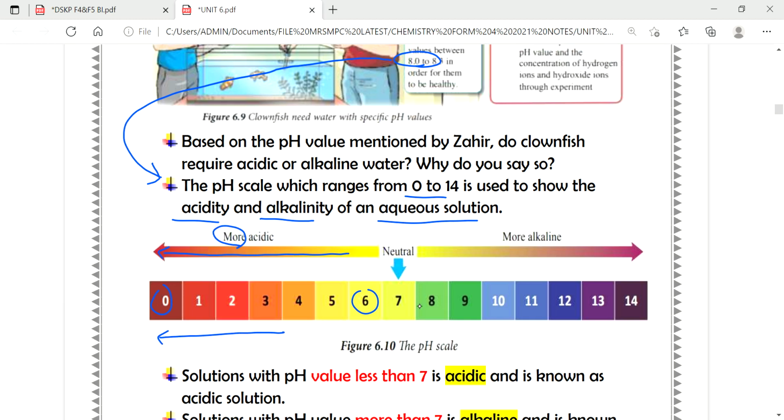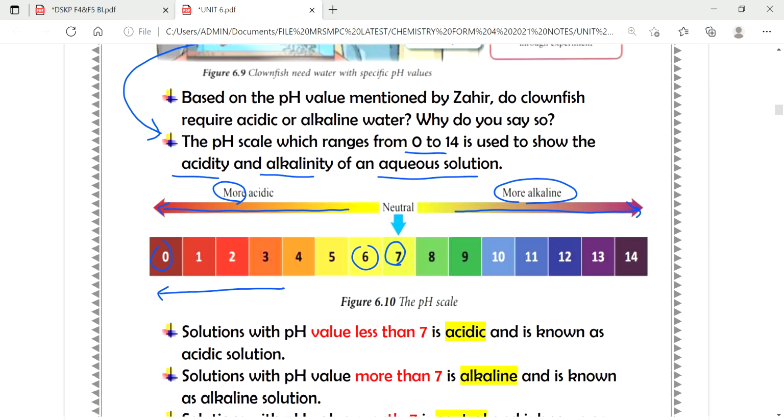Alright, 7 is neutral. And then 8 up to 14, this area is for alkaline solutions. Look at the arrow here, it moves to the right side, meaning that the higher the pH value, the more alkaline the solution.